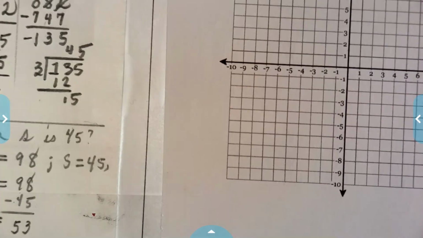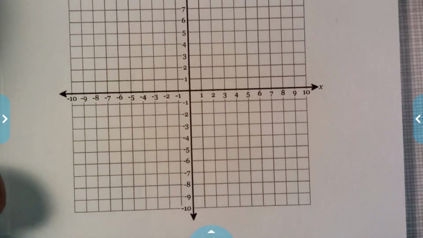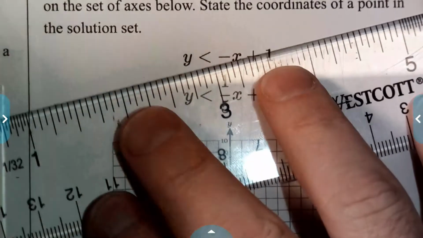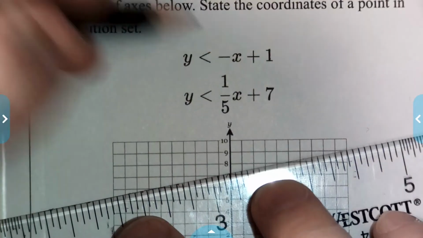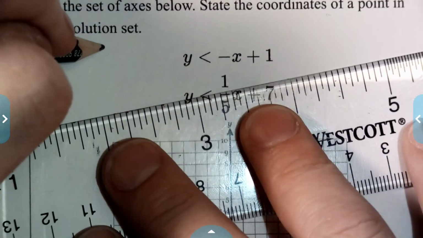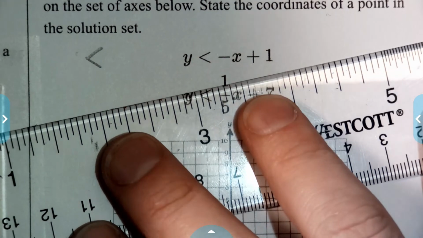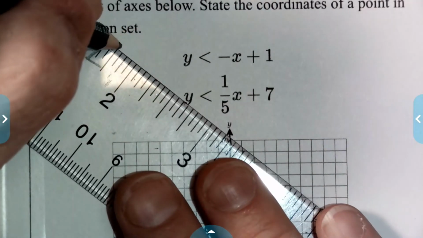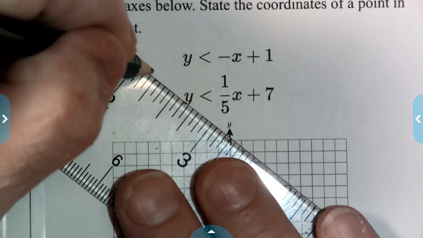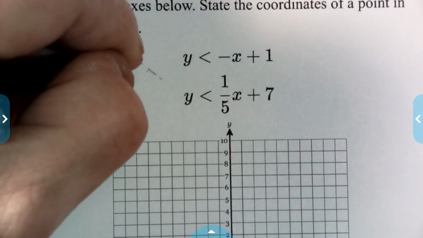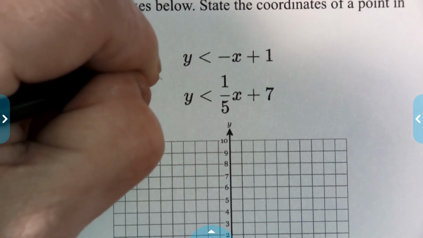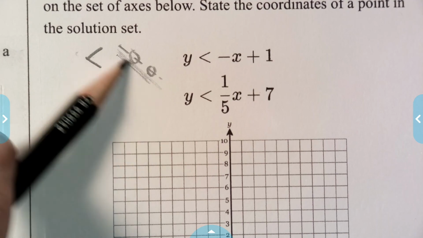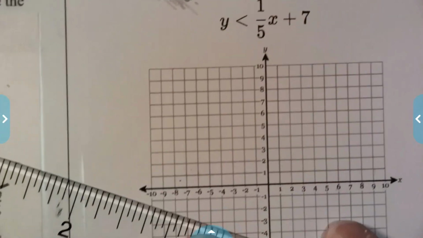Okay. All right, so same thing here. So now this time the less than symbol, I see I have a negative slope here, dashed line, and open circles with the shading below. Okay, the shading's below.